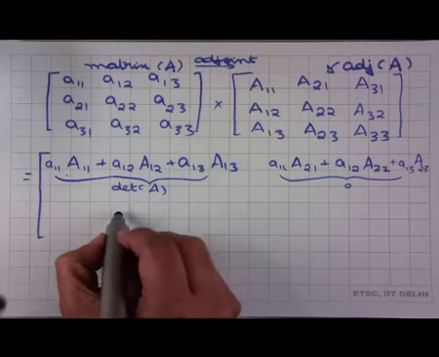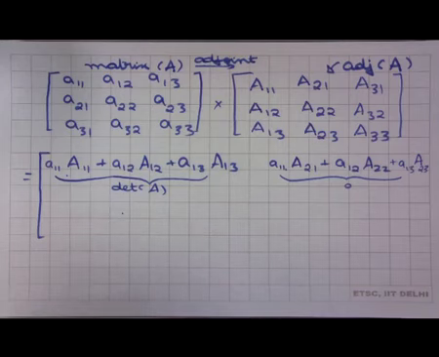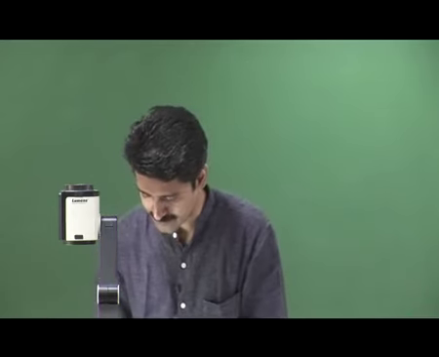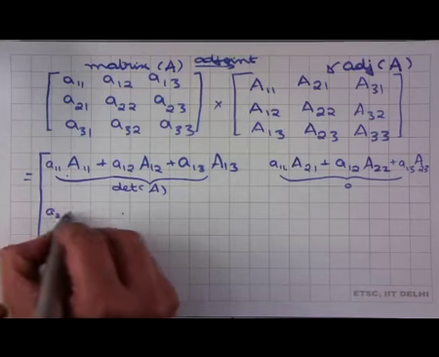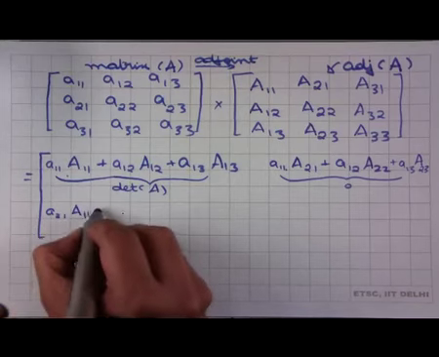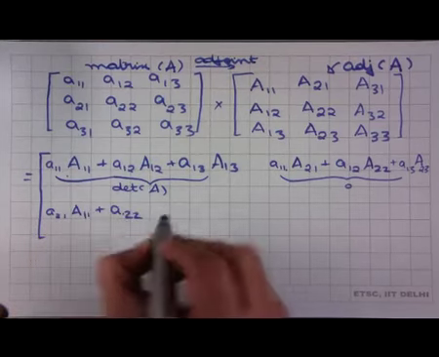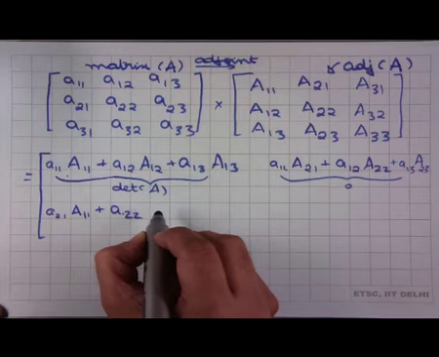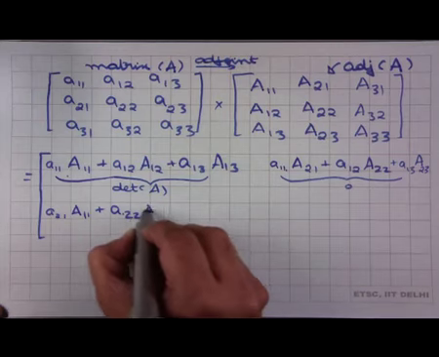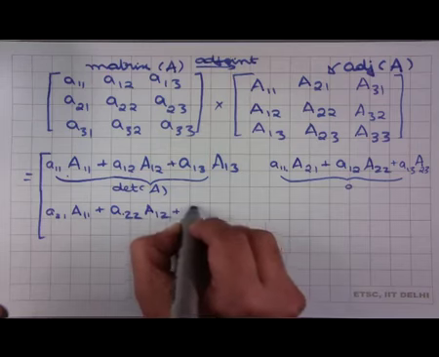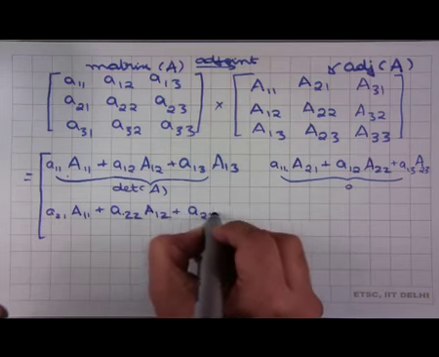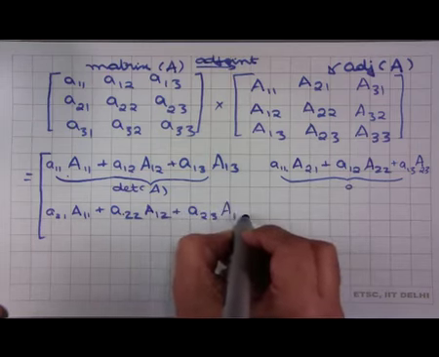So, let us evaluate this term here. What is that going to be? That is going to be the second row multiplied by the first column of the adjoint. So, this will be A21 A11 plus A22 A12 plus A23 A13.